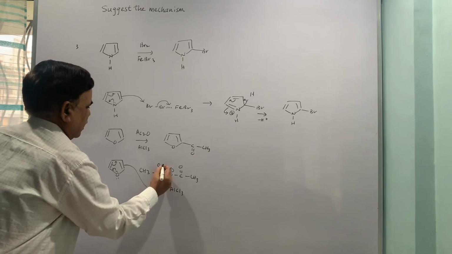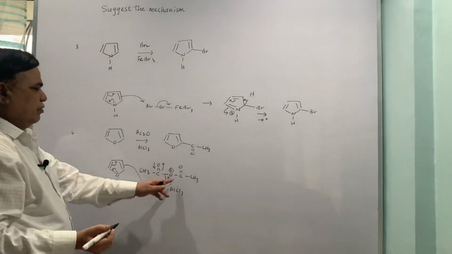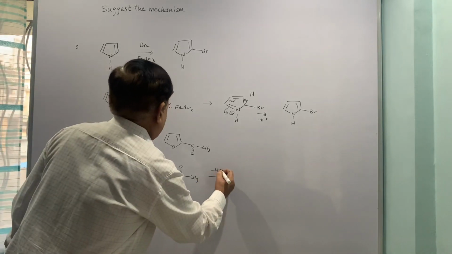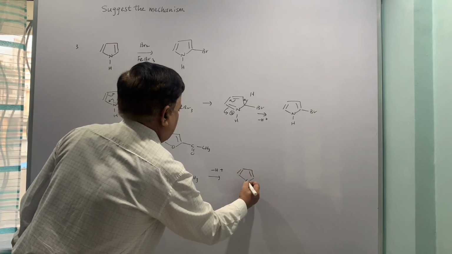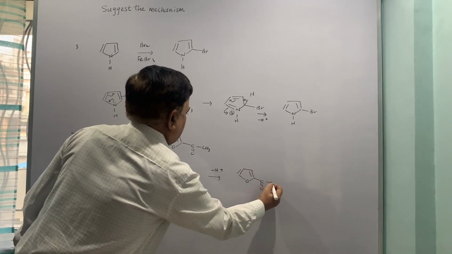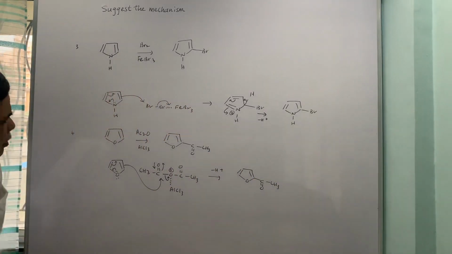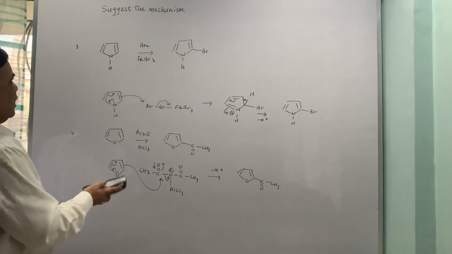This interacts here. The positive charge on oxygen is neutralized, and then loss of a proton can furnish you the desired product. This is the Friedel-Crafts acylation reaction using acetic anhydride and aluminum chloride.